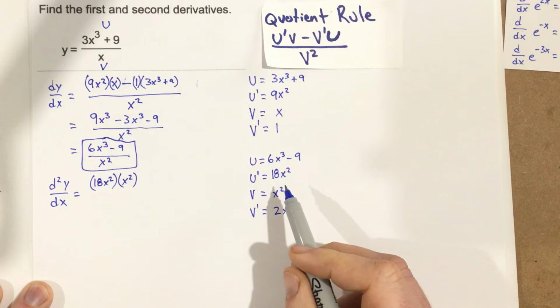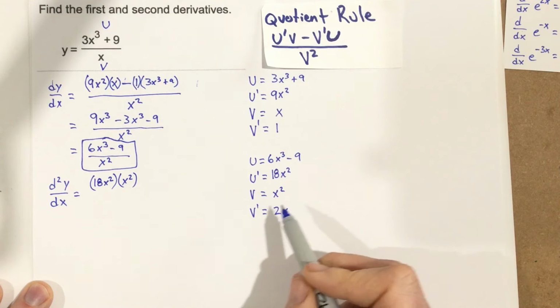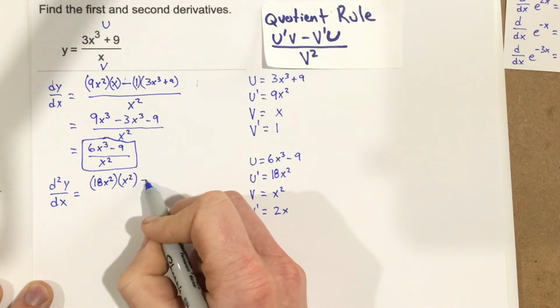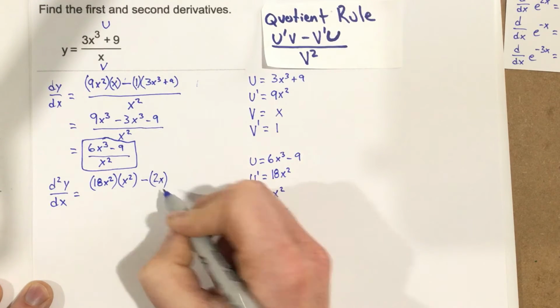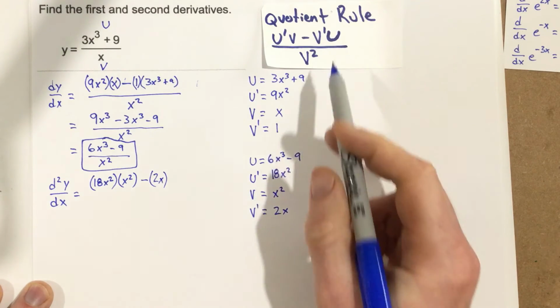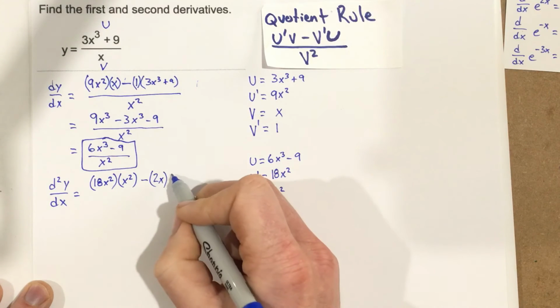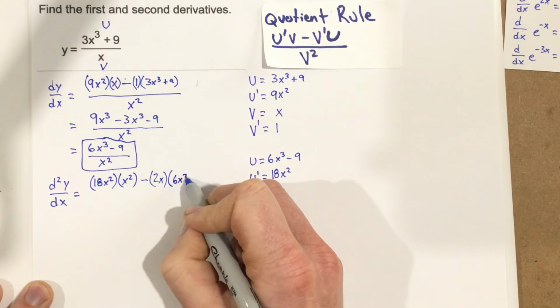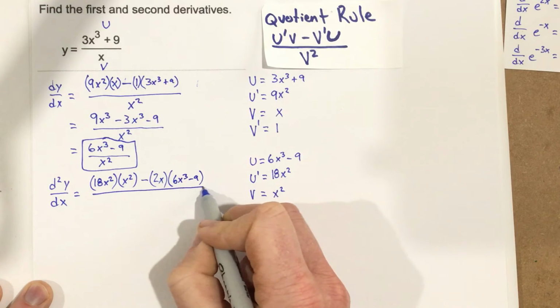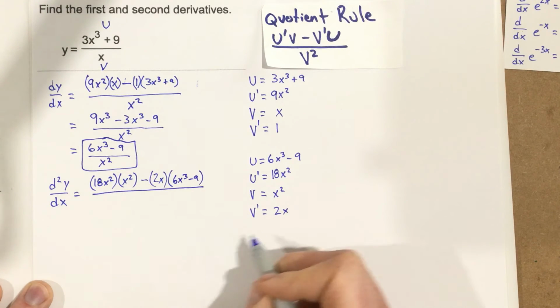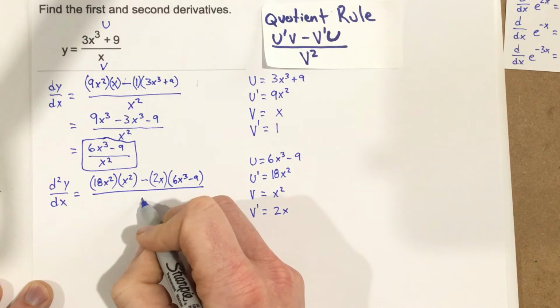And then we can write this as minus v prime, which is 2x, times u, which is 6x cubed minus 9. And that's all over v squared, which will be x squared squared.